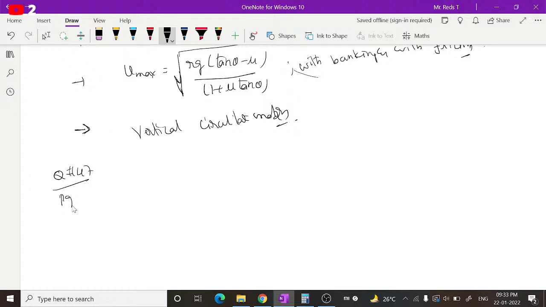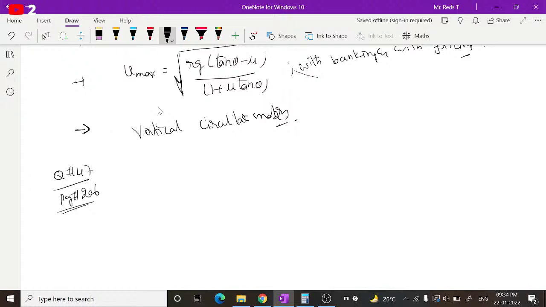Page number 206. The question is: the centripetal force required by a 1000 kg car that takes a turn of radius 50 meter at a speed of 36 km per hour is. If you go through the question, you'll get an idea. What is given?